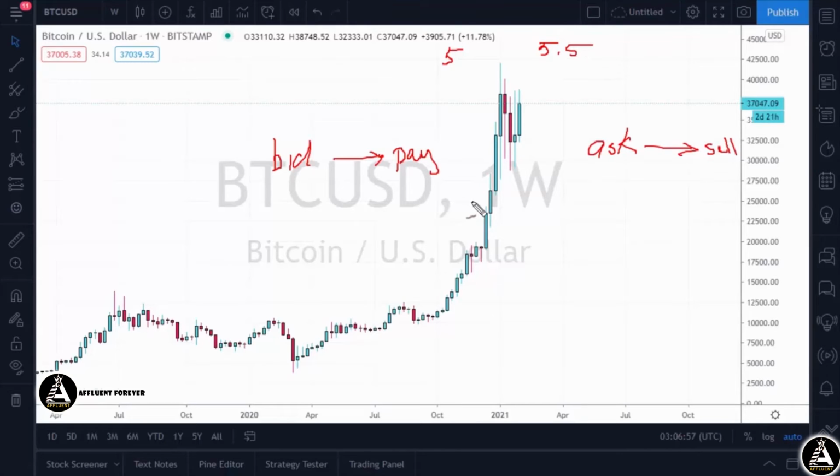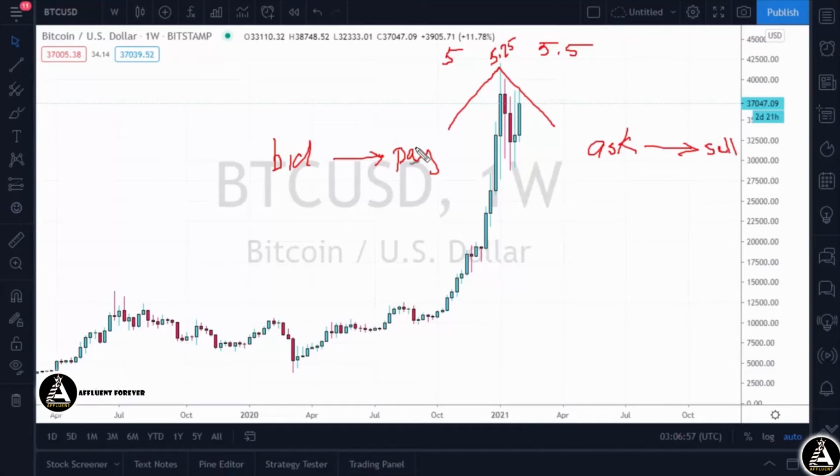Well, in order for a transaction to be made, two people have to agree on a price. Sometimes they'll come back and forth to each other, so they may sell at 5.25. But more often than not, you'll hear a phrase something like hitting the bid or paying the ask.